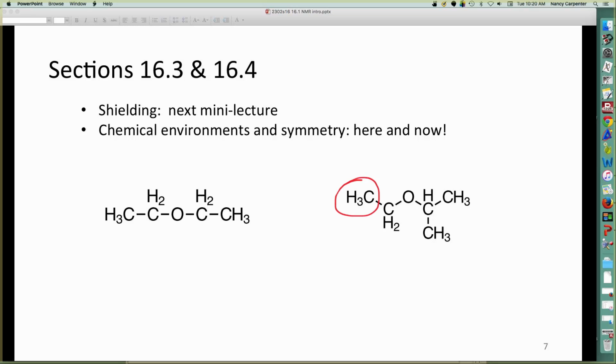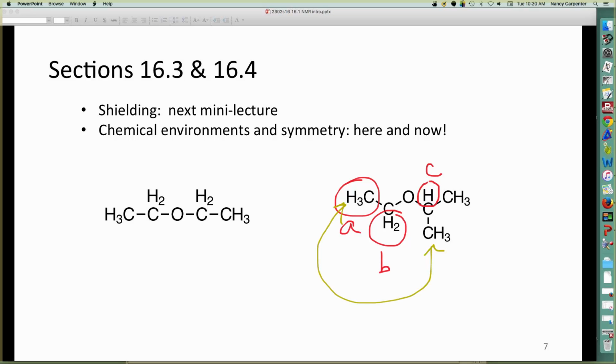Well, those three hydrogens are all identical as far as I can tell. And these two hydrogens are different from the methyl group on the left, that's for sure. Certainly, this methine is unique. There are no other methynes in the molecule. But the real question is, how about these other methyl groups?